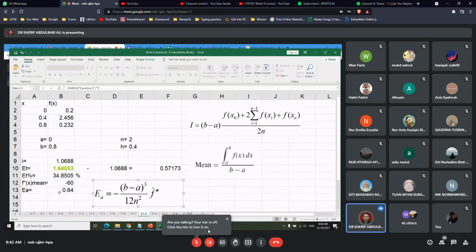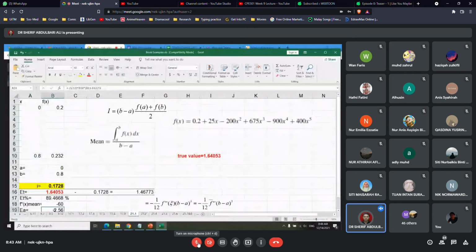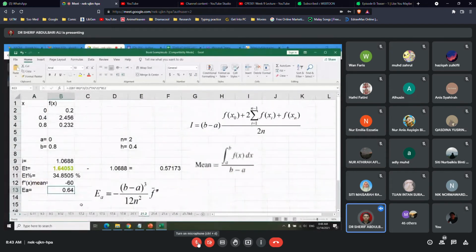You're supposed to get the answer of 0.64. Try to get that answer. You will see this value is less than 2.56. A single application gives 2.56, and two segments of the trapezoidal rule give you 0.64. Try it.